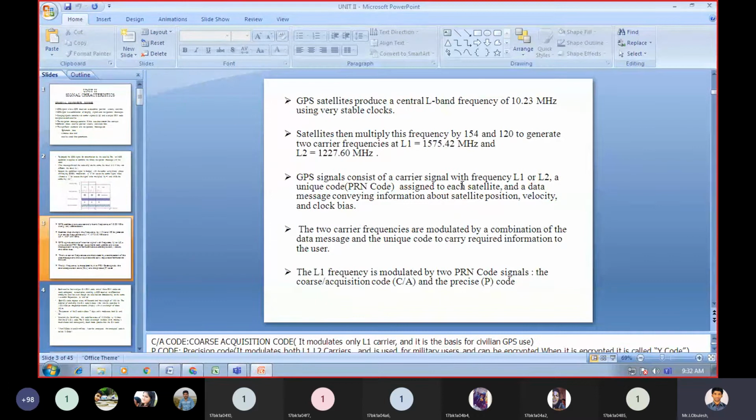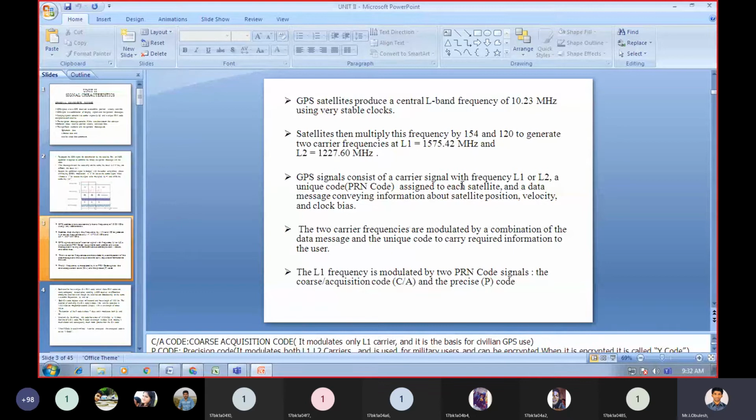The L1 frequency is modulated by two pseudo random noise code signals.